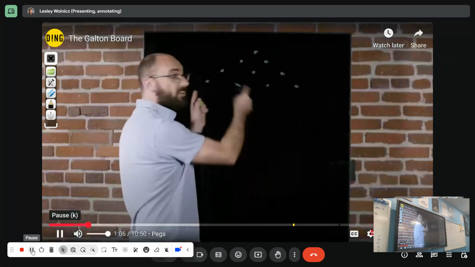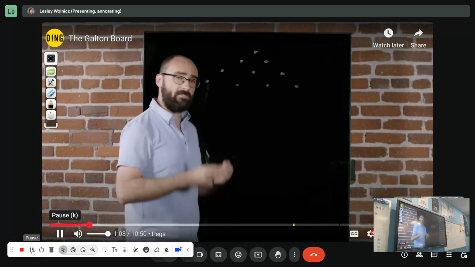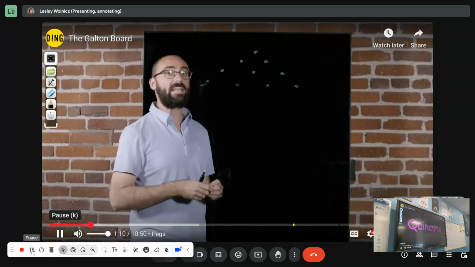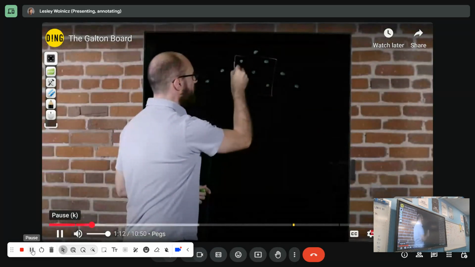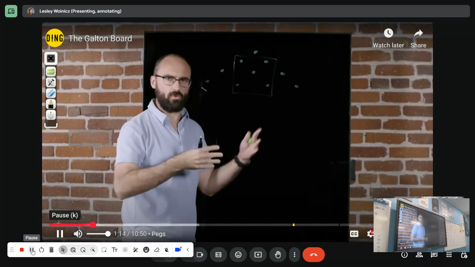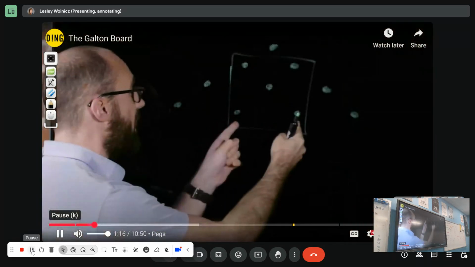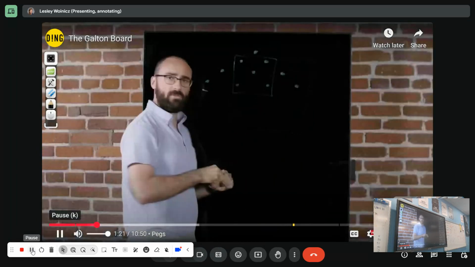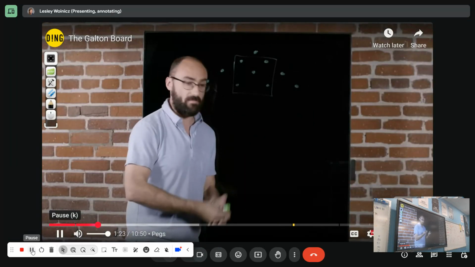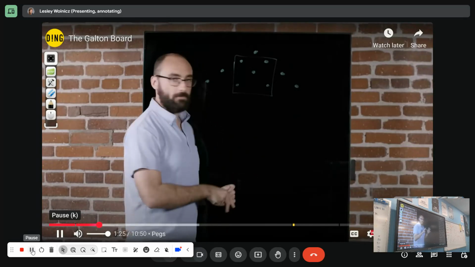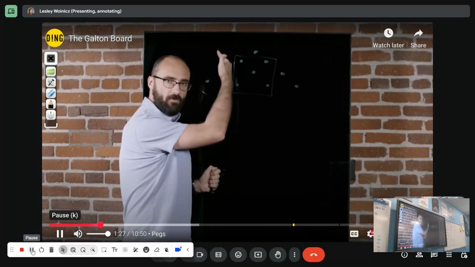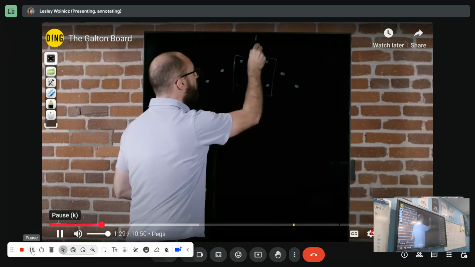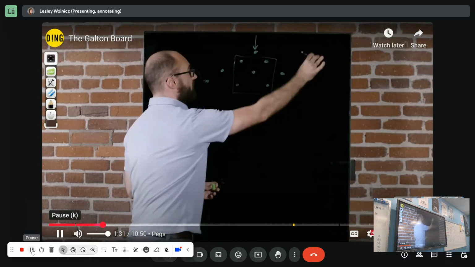Now it's because of this arrangement of pegs that the Galton board is sometimes called a quincunx. A quincunx is a pattern of 5 objects, where 4 of the objects are on the corners of a square and the 5th is in the middle. You're probably familiar with the quincunx if you've ever looked at a die before. Now anyway, when the balls fall through the machine, they first reach peg number 1 in the first row.